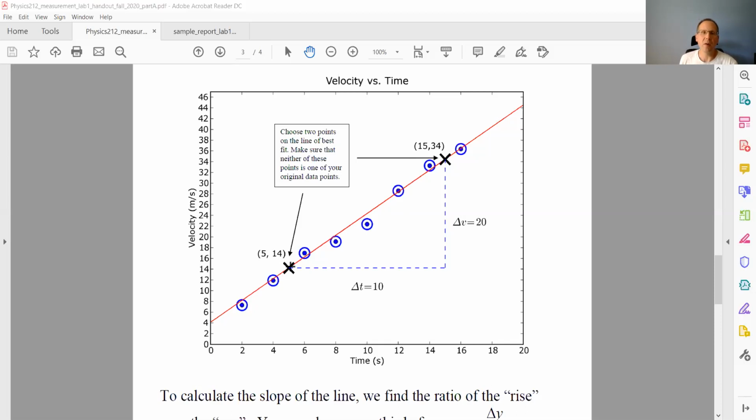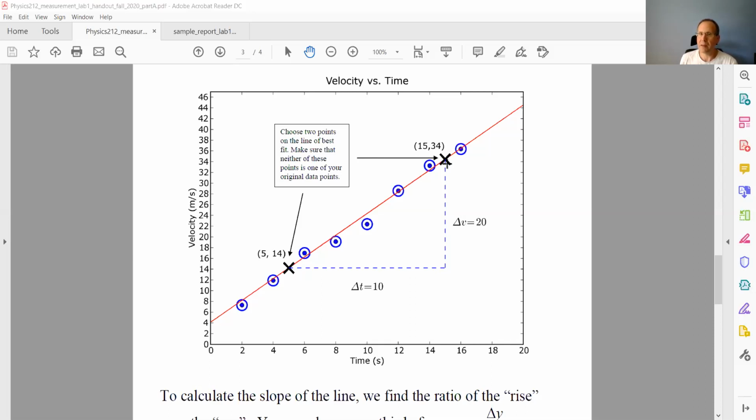In this example, I chose this point right here. The time is 5 seconds, and the velocity was 14 meters per second. Then I chose this point. The time is 15 seconds, and the velocity looks like 34 meters per second.